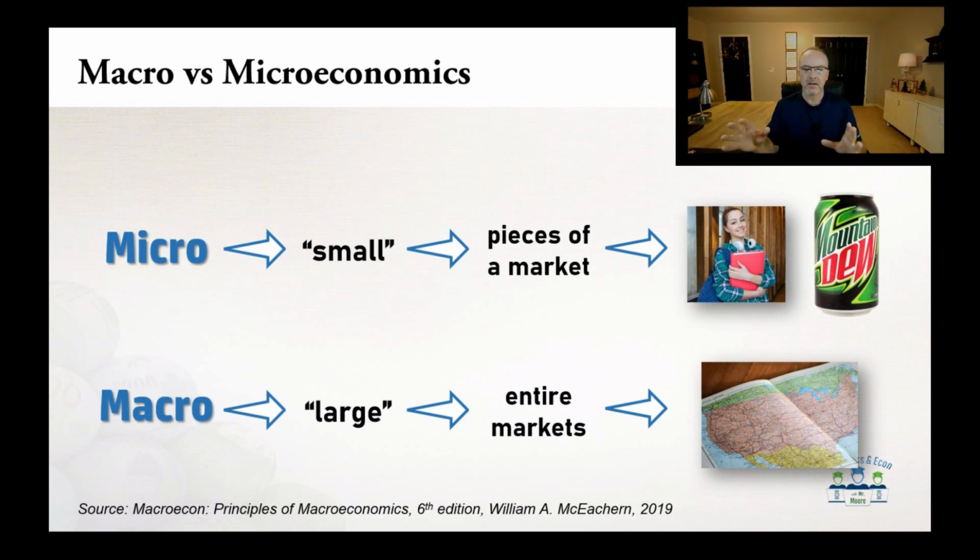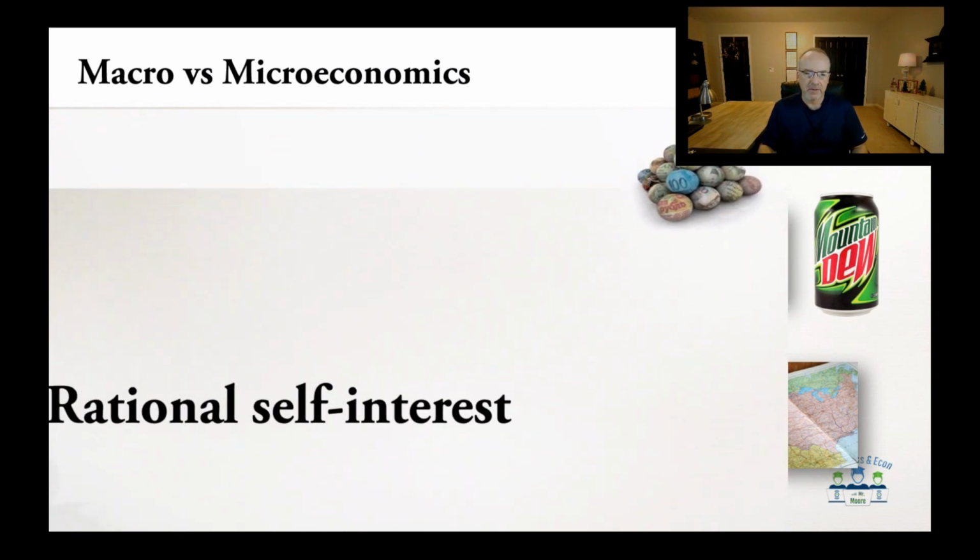So when we're talking in this course about macro, we're going to be talking about the entire nation, an entire country as a whole national market. We're not going to be looking at how individual buyers and sellers make decisions about production or decisions about purchasing or anything like that. We're just going to focus on the large, the big picture, the macroeconomic environment.